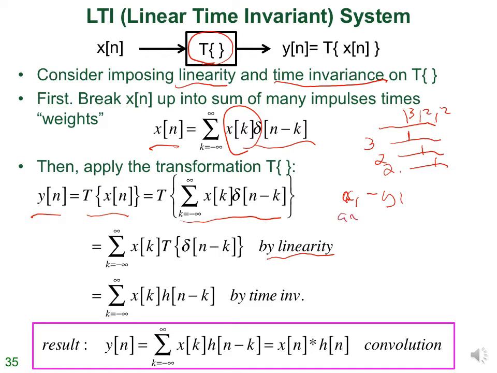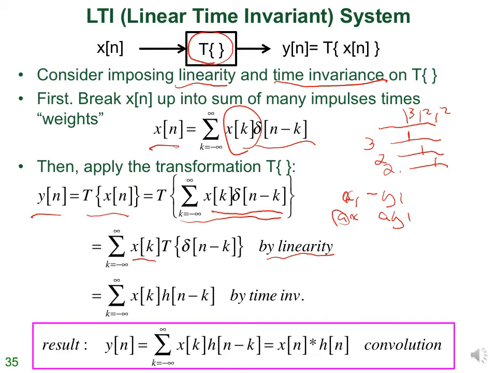Using that principle, in the transformation of x times delta, the x acts as a multiplier, like the a. So I can pull the x out front, and now I just have the transformation of the delta function.